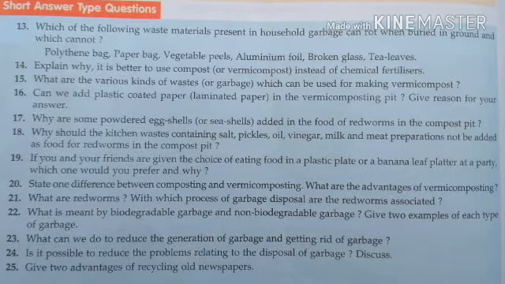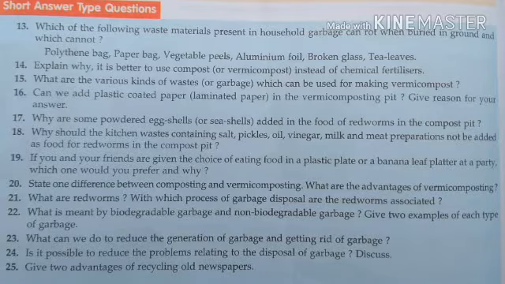Because the banana leaf platter is a biodegradable material and it can be used to prepare compost or vermicompost, whereas the paper plates which are coated with plastic are non-biodegradable and cause soil pollution or change the health of the soil. So we should not use the paper plates, we should definitely use the banana platters.